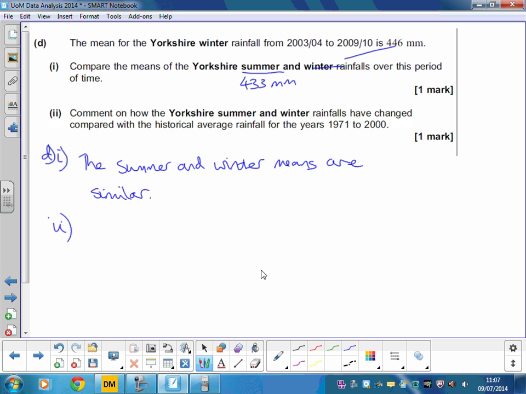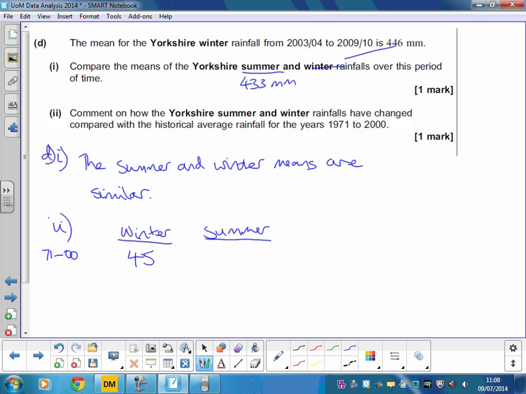In part 2, we now want to comment about how the average rainfall, the mean rainfalls have changed over time. So here we need lots of figures. I'm just going to put them all next to each other. So I've got them. So the winter and the summer. We've got the historical one from 1971 to 2000.